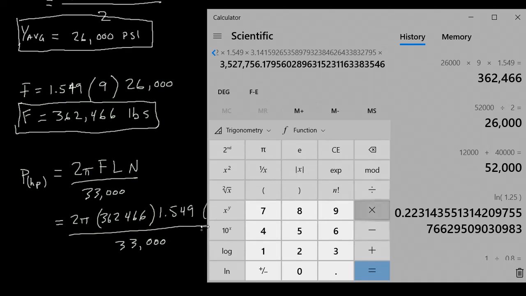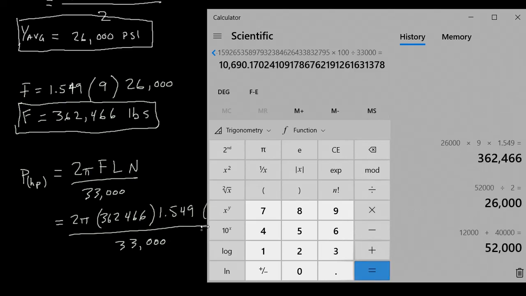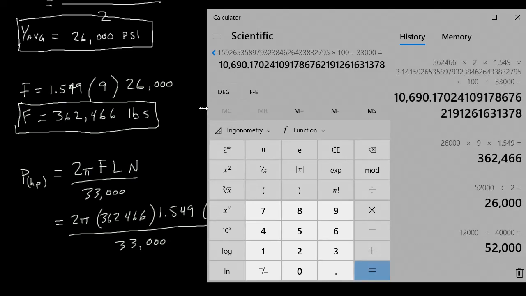And we need to multiply that by 100, and now divide the whole thing by 33,000. And we get about 10,690 horsepower.